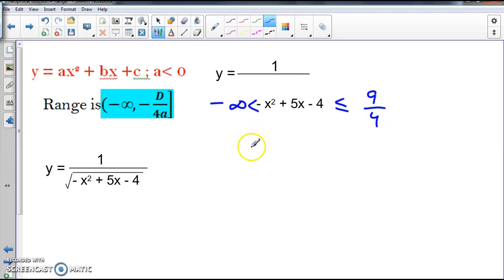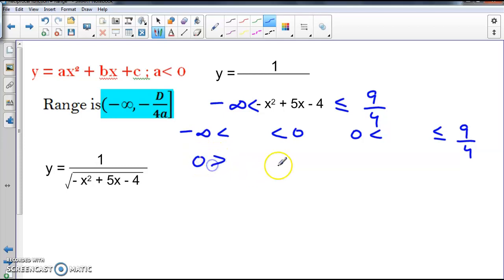These values are negative as well as positive, so we split into two parts. Negative part is minus infinity to 0, and positive part is from 0 to 9 by 4, including 9 by 4. Taking reciprocals, reciprocal of minus infinity tends to 0, sign changes, and reciprocal of 0, which is from the negative side, tends to minus infinity.